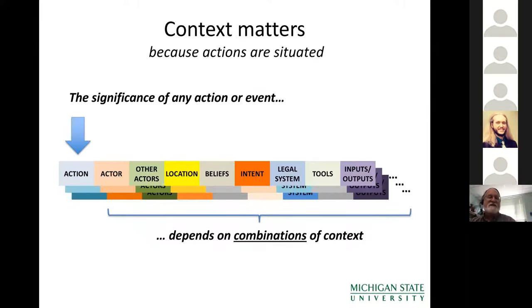And context matters, right? You see one particular action, but the significance of that action depends on who did it and who else was there and where they were and what they were thinking and what they intended, and was it illegal or legal, and a ton of other things. All those contextual dimensions influence the interpretation of any particular action.